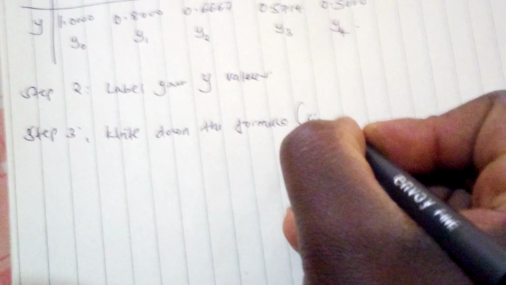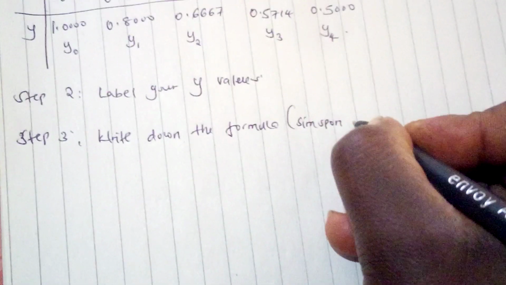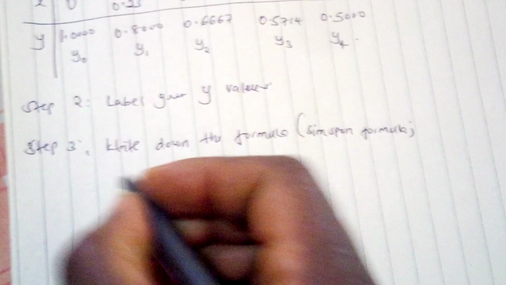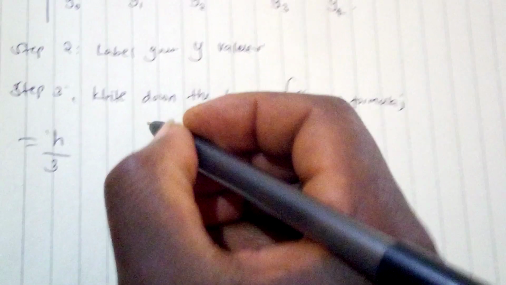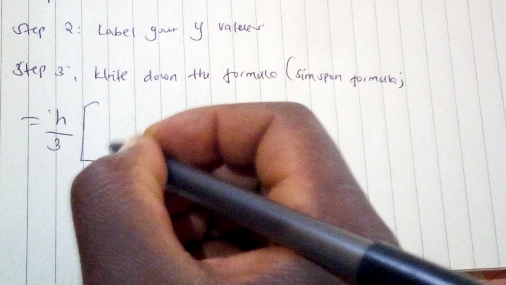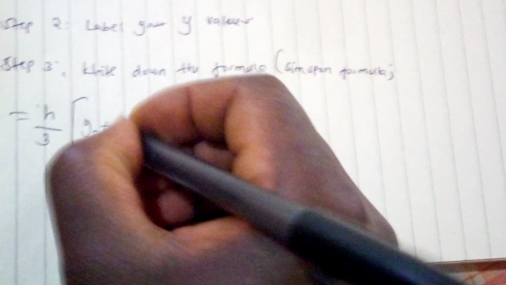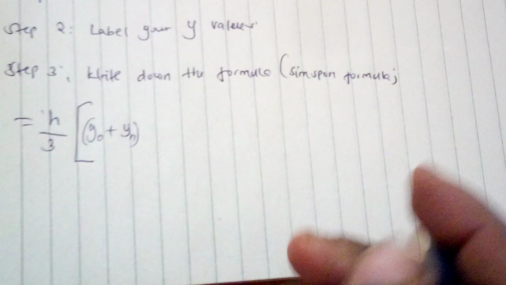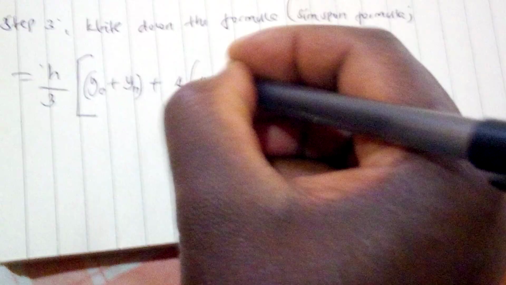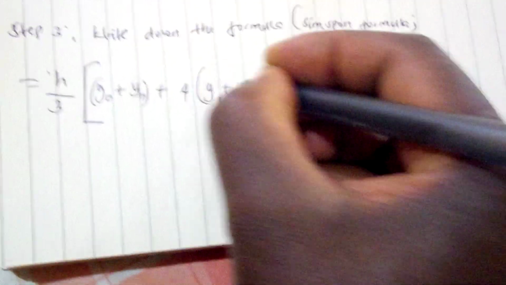That is the Simpson's formula, which will be h over 3 multiplied by y0 plus yn, plus 4 times y1 plus y3.